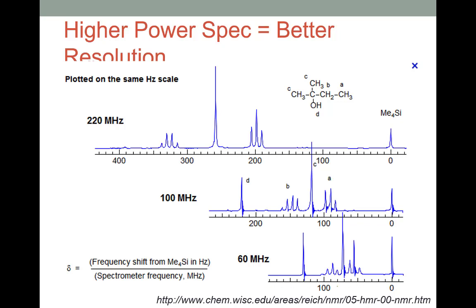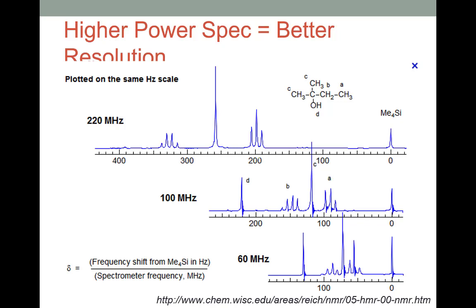These haven't been normalized. The purpose of this slide is to show you how the signals can overlap on a lower power instrument. So if we look maybe starting at the top with our 220 megahertz spec, we can see one signal over here to the left around 320, 30, something like that on the scale. We see another signal clearly showing up here around 260. We see another one around 200.